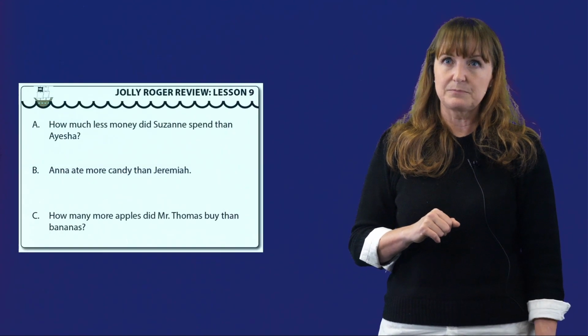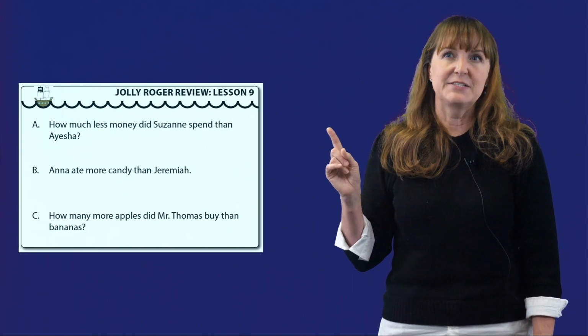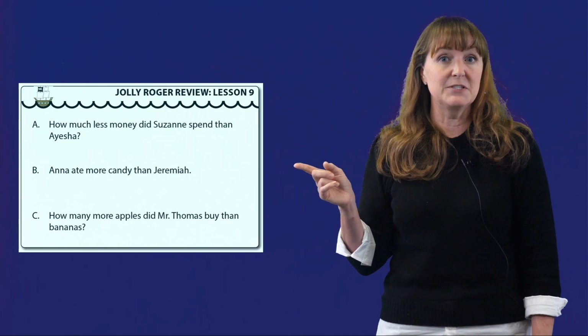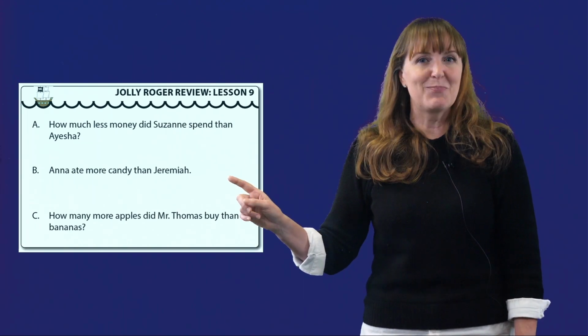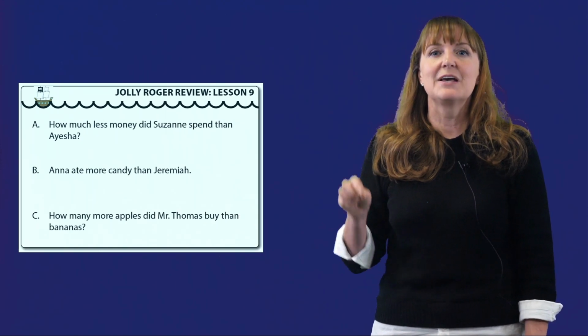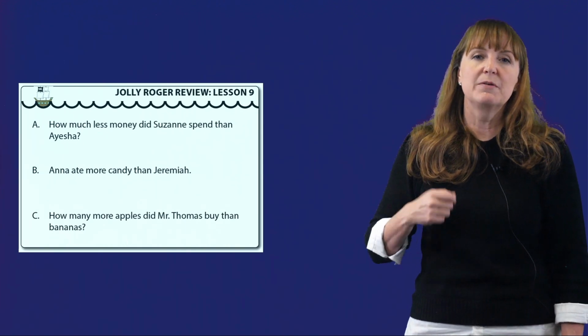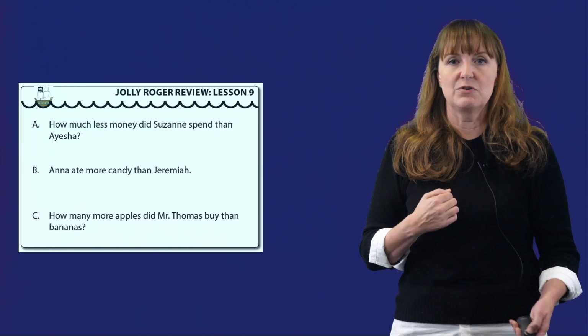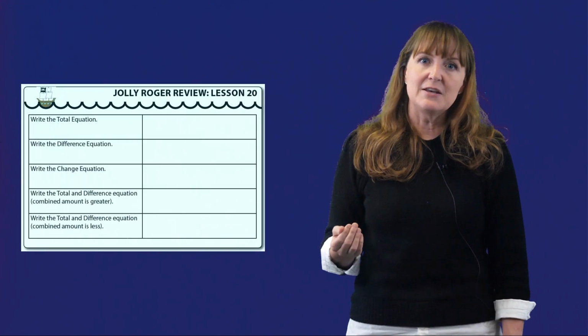Here's an example from lesson 9 where students are going to work on those compare sentences from difference problems. So here students would be bracketing these compare sentences, circling any words that help them focus on the comparison, and then identifying the greater and lesser amounts. Here's yet another example.